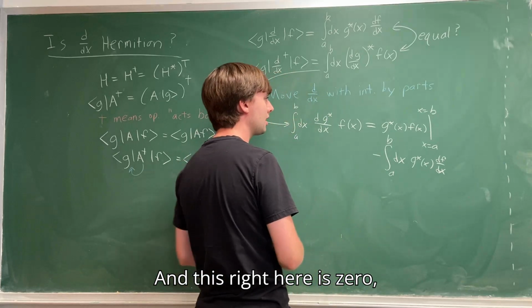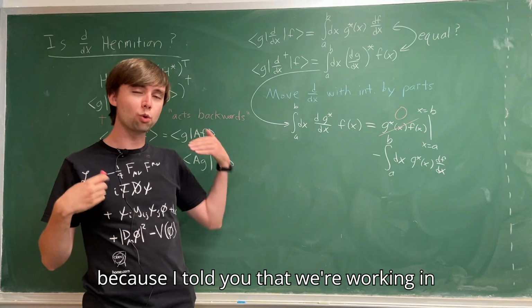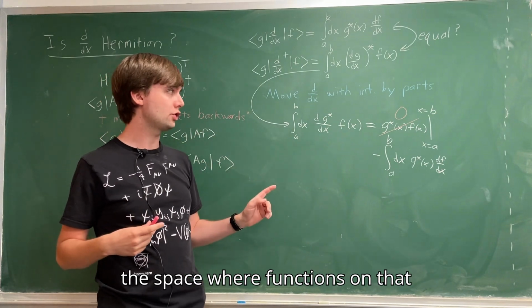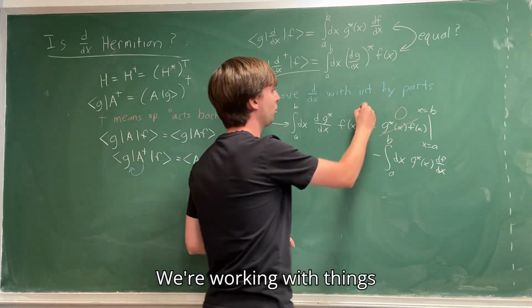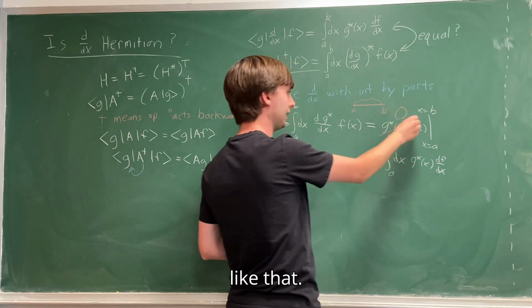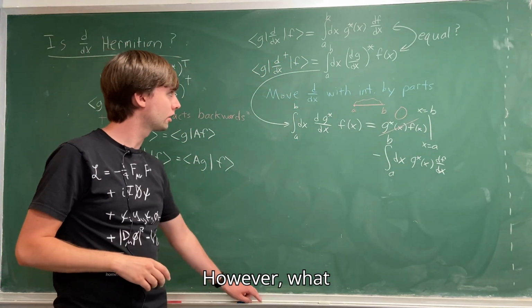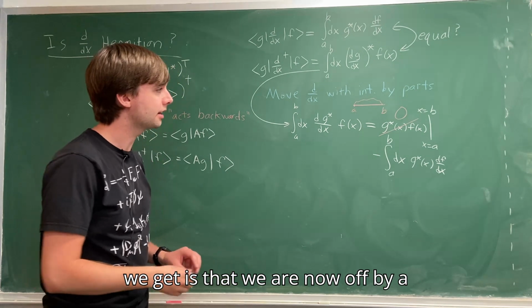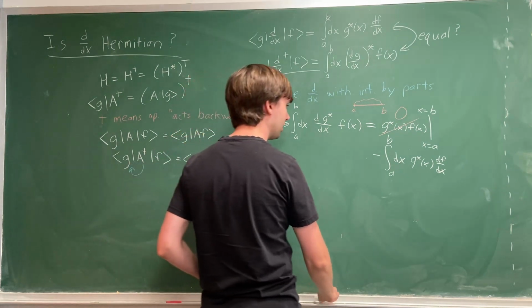And this right here is 0 because I told you that we're working in the space where functions on that boundary are 0. However, what we get is that we are now off by a sign from what we started with.